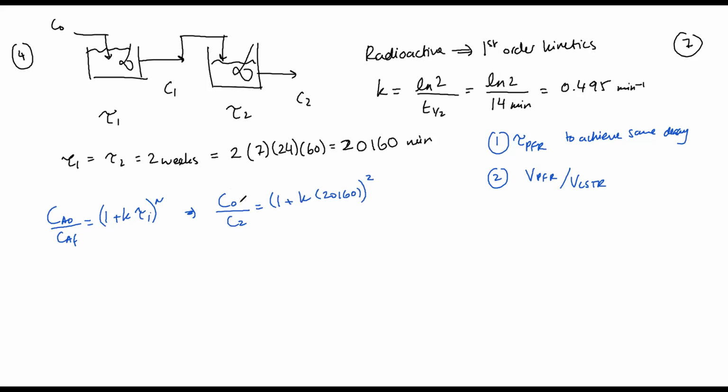So in this case, I can get an expression for C naught over C2. You can calculate it and get a number if you want to. What I'm going to do is just use the second equation directly.